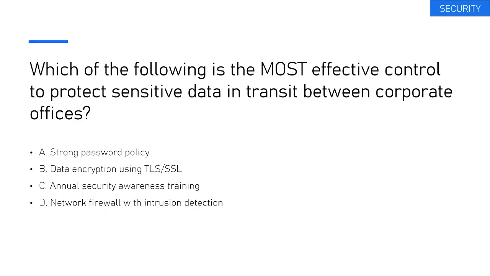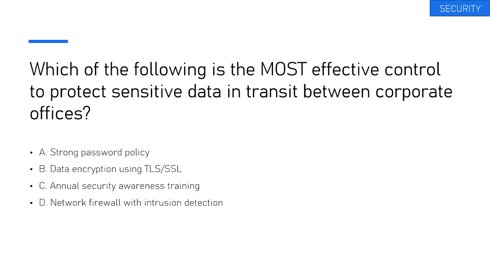So the problem is when the data is traversing like that, there is a possibility that somebody can come and a man-in-the-middle attack can happen in there. The only way to prevent that is by having some sort of encryption, right? So whenever looking at the question, you always think like, well, encryption is one thing that I want to focus into.